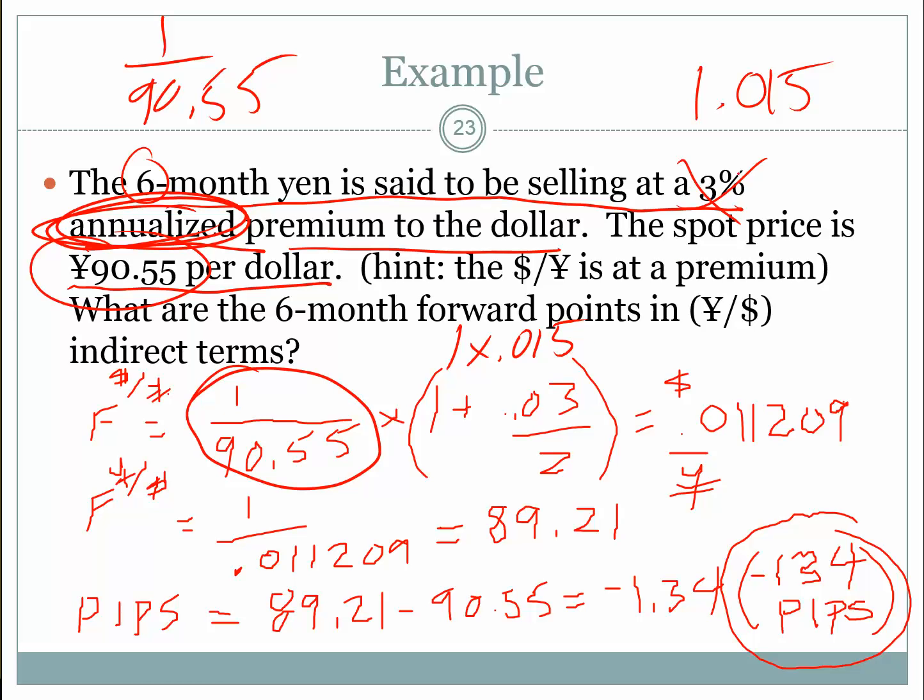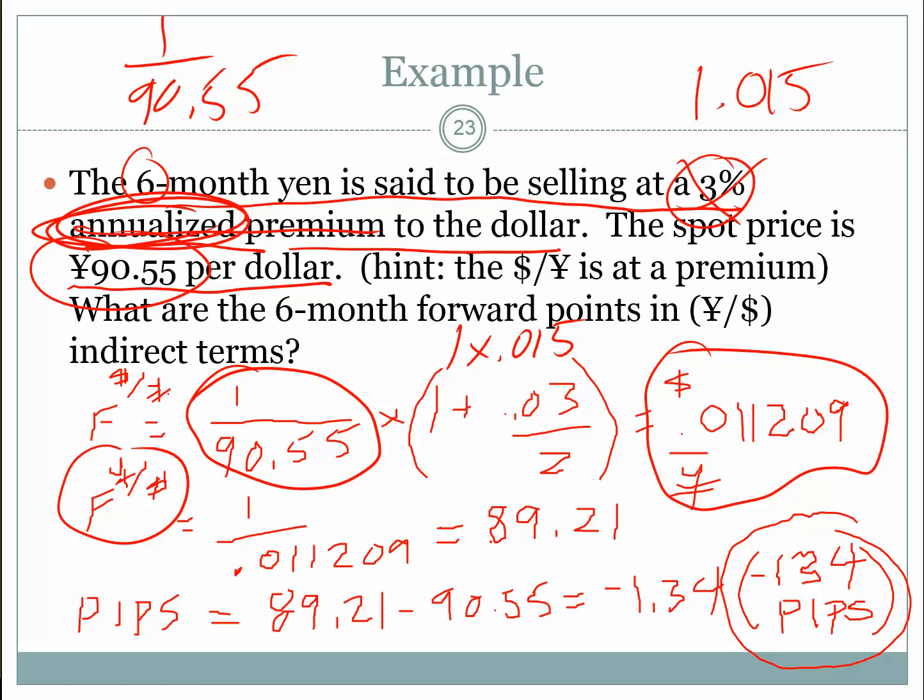It's a 3% annualized premium, but it's only a 6-month delivery, so it must be 1.5% higher. And then you see, well, this is the forward price, dollar per yen. And then we can invert it, because we like to quote the yen in indirect terms, and say that the forward price is 89.21.